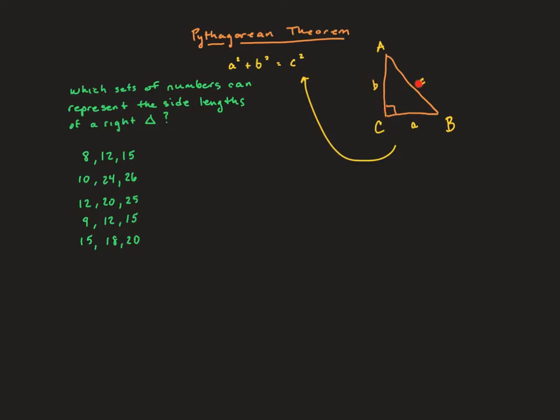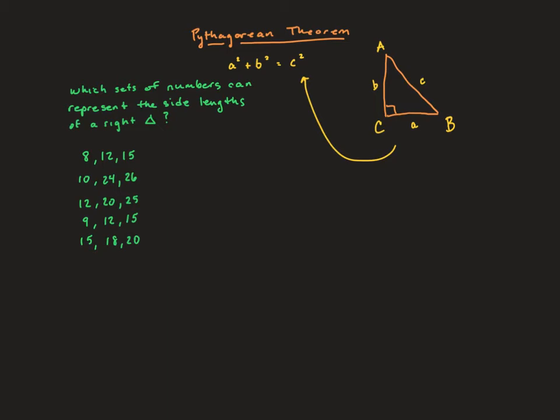If the square of one side of the triangle is equal to the sum of the squares of the other two sides, then that triangle is a right triangle. So if a squared plus b squared equals c squared, that's using the Pythagorean theorem and it's a right triangle. And if this equals this, that would be my converse version of it. And we're going for equality.